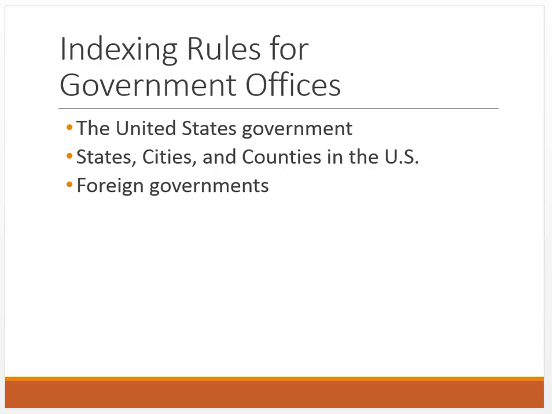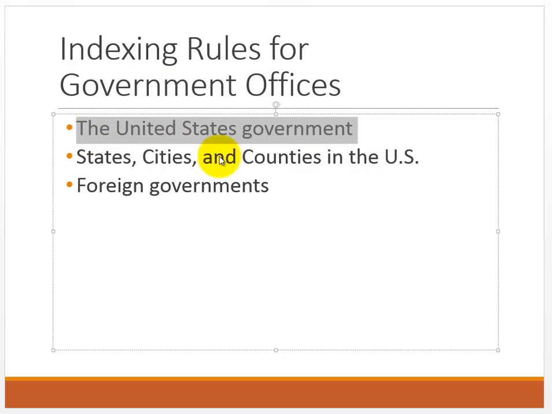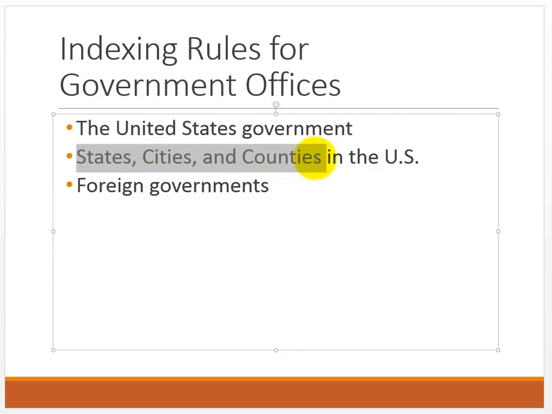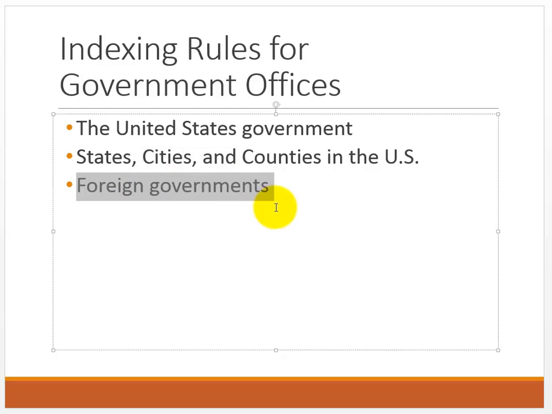So this will include United States government agencies, for example, the Department of Education or Department of Defense and so on. And then we will also talk about state, city, county offices and departments in the United States. And then thirdly, we'll talk about foreign governments.